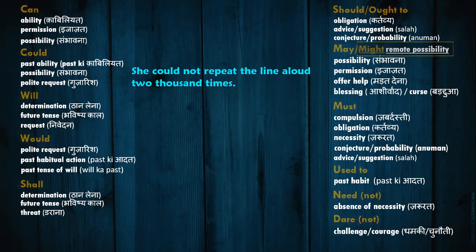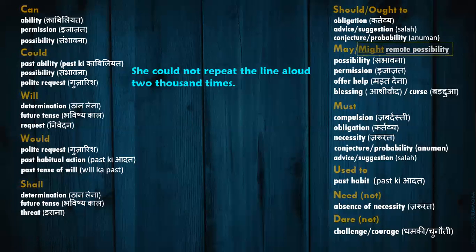Let me explain a few examples and then we will jump on to a few practice sets to help you master this. She could not repeat the line aloud 2000 times. Now here, first things first, let's identify the modal auxiliary. So which is the modal auxiliary here? It is could not. Very good.